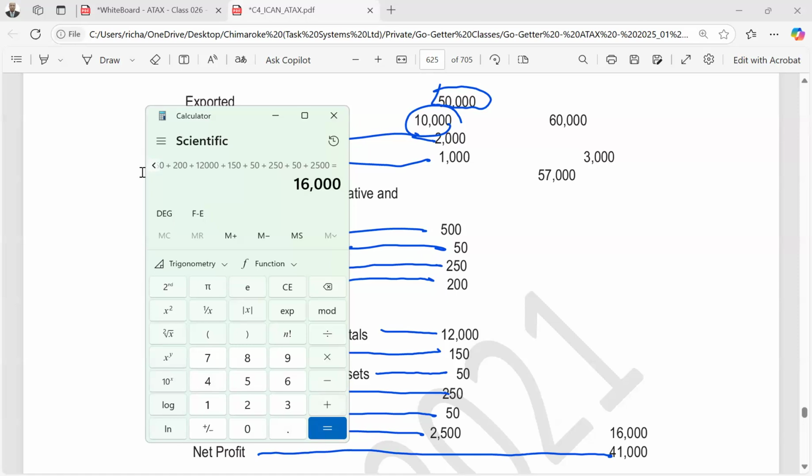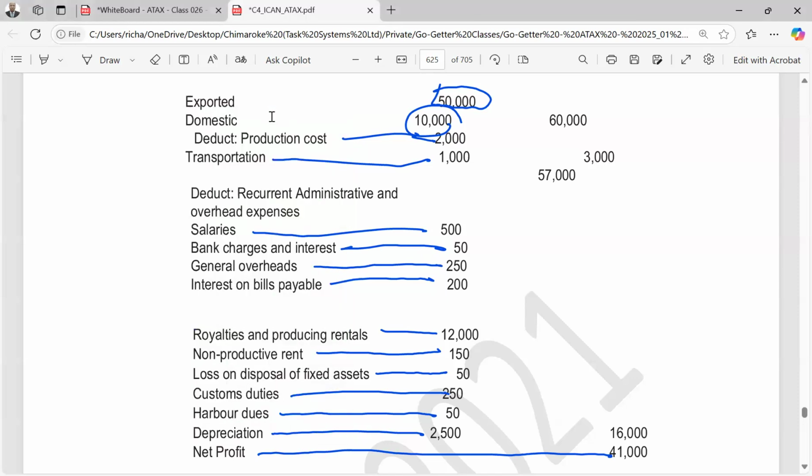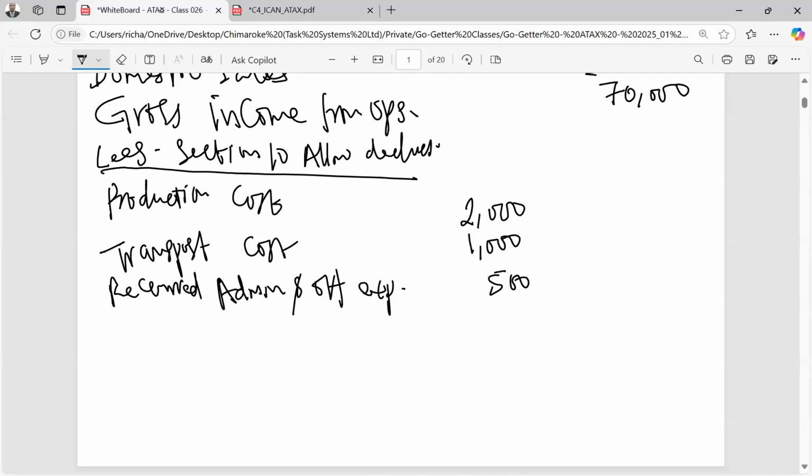Okay? Then I know what happened. All right, so all these things here are administrative and overhead expense. I thought that this was a line item. So recurrent and admin expenses.